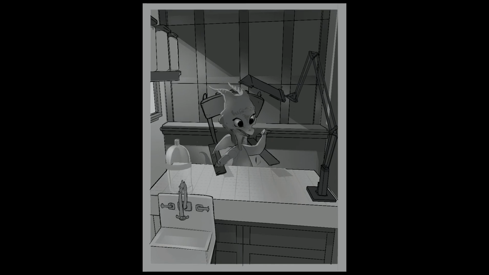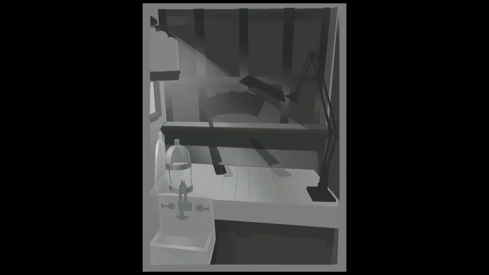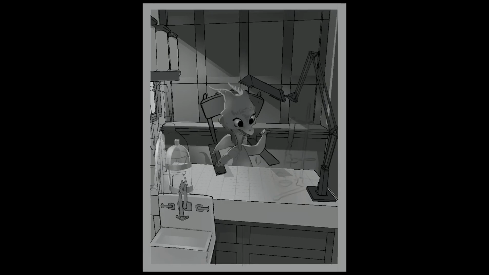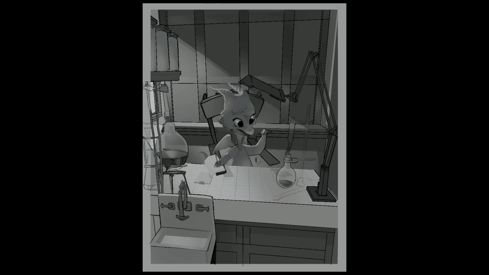And then we're basing our space, thinking about all these things that a scientist would use, to make a believable place. It's full of lots of stuff, because it's a very active and creative place.